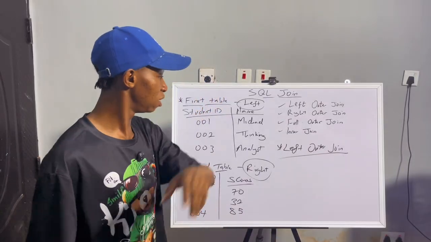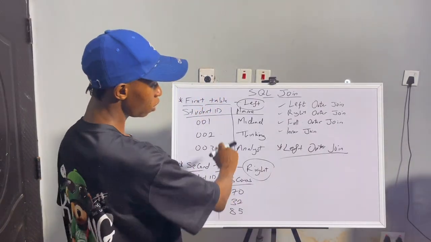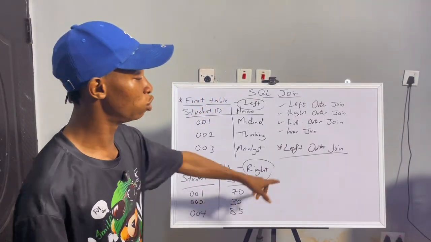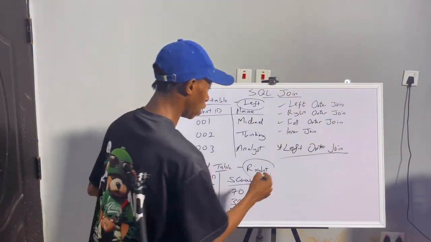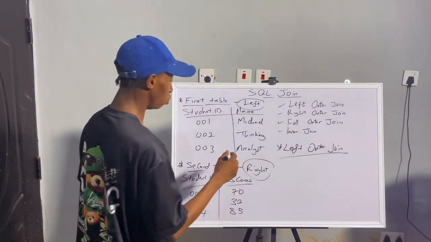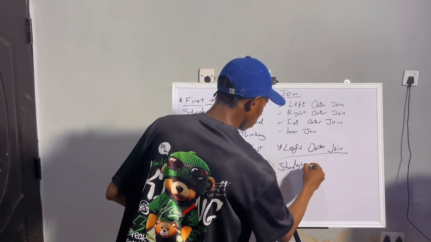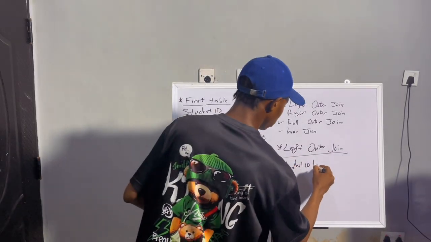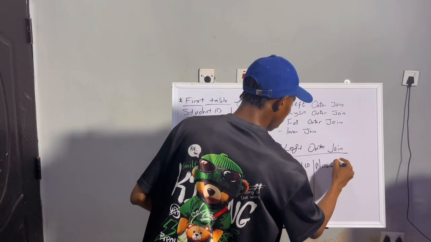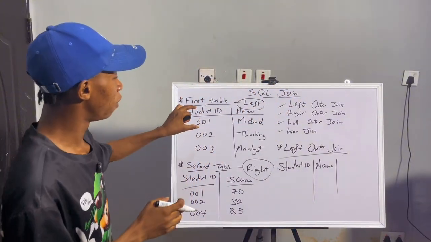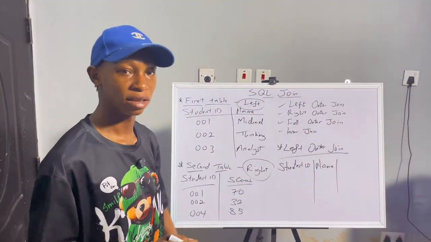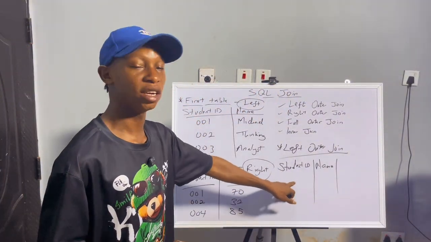So now let's do the workings and see what is going to be in our result table. If you are joining on left outer join, we are going to have student ID and name. I said it earlier that everything in the left table must appear in your result table.